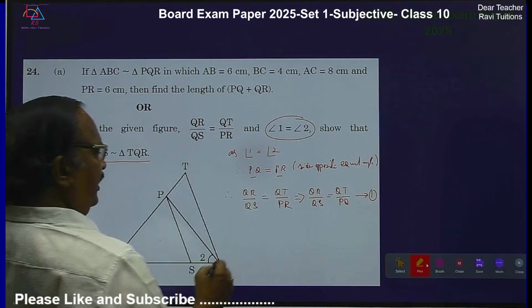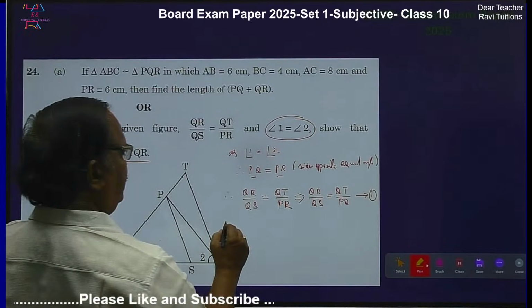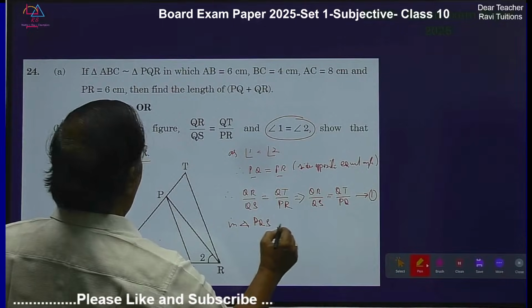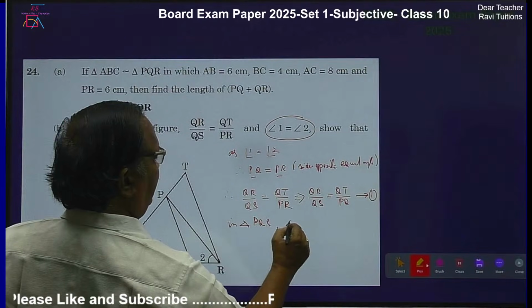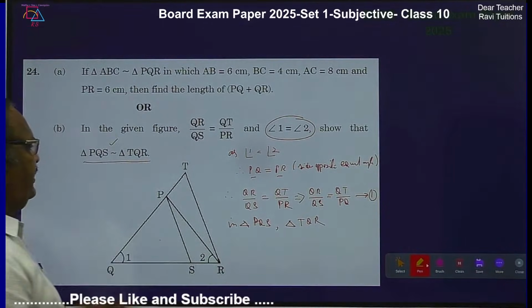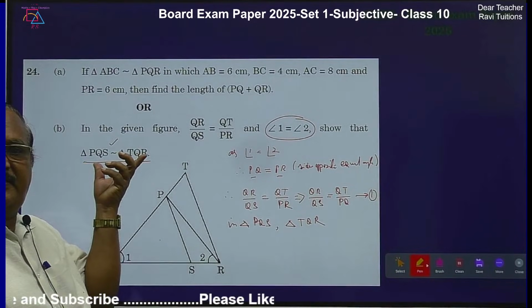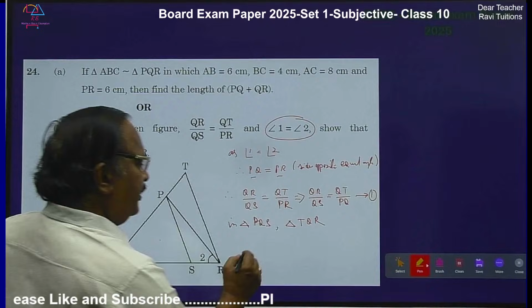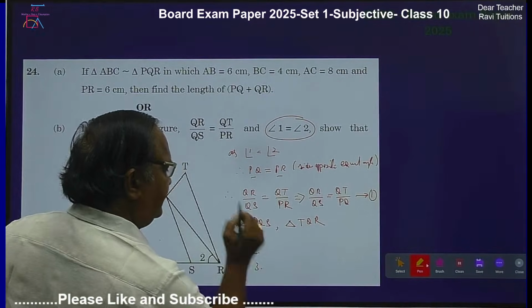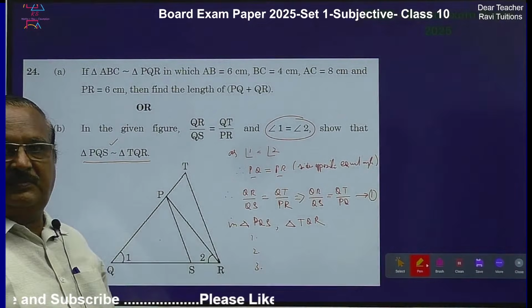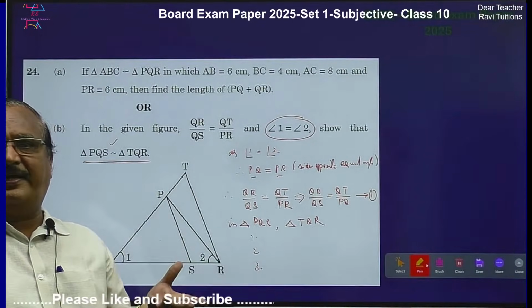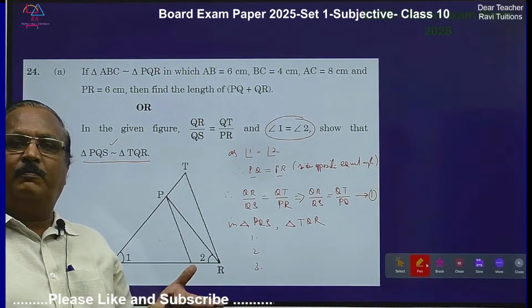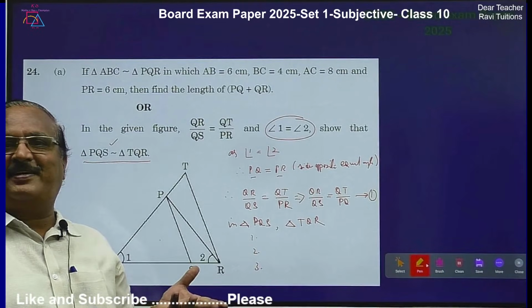Now you consider these two triangles, triangle PQS and triangle PQR. That means we have to prove these two triangles are similar. You take it. Now you have to write 3 pairs of sides, because we have to apply any one criterion, either AAA or SAS or SSS.